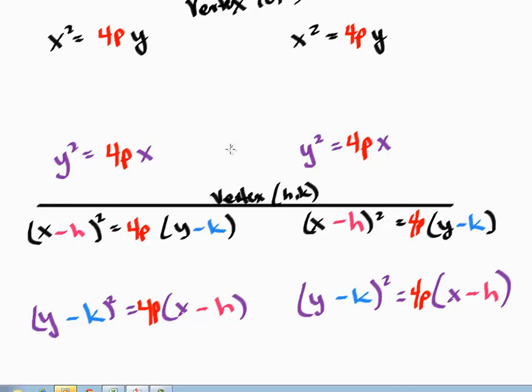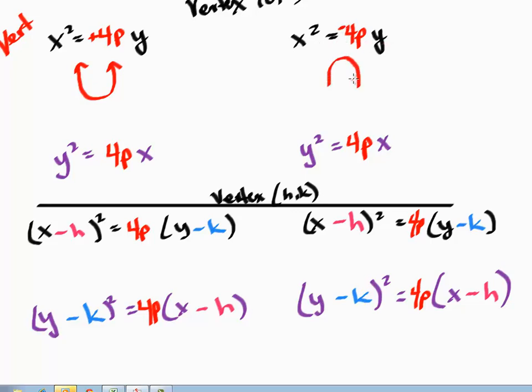Now let's look up here. What you can see is the first thing when you're graphing parabolas that you need to understand is opening. Up here, if we have the generic, and I'm just looking at the black, y is equal to x squared, these are vertical. If in first case, our 4p is positive, this is going to be opening up. Over here, we'll say if 4p is negative, we still have y squared.